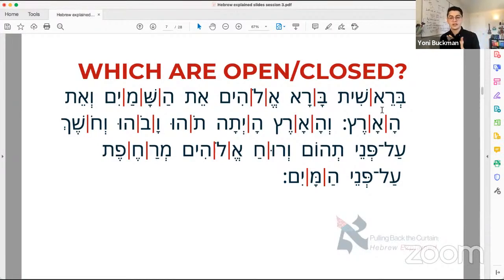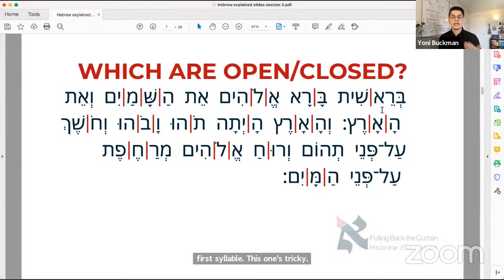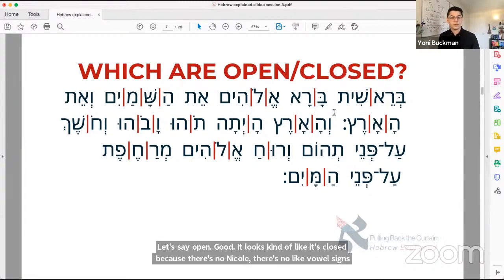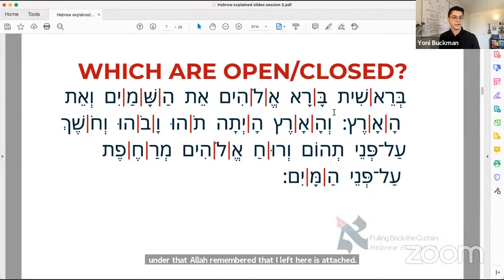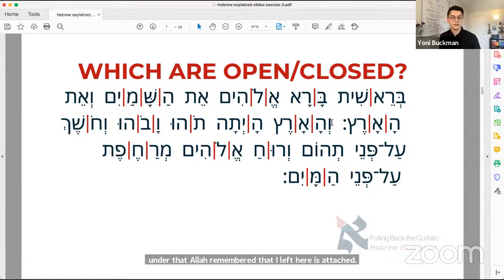So the first syllable is open, the second syllable is closed. The next word, right? Bara, the first syllable, open or closed? Open. Open, good. And the second syllable, open or closed? Open also, right? Again, we have that aleph there functioning as a vowel.